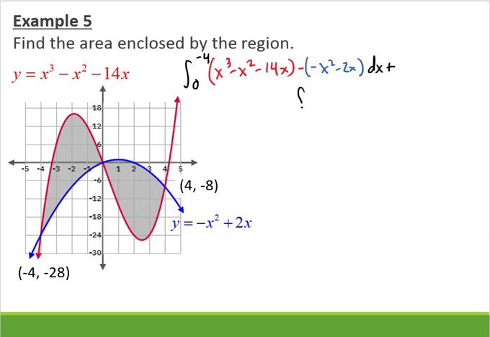My top function has adjusted to negative x squared plus 2x minus the bottom function, or the small y's, which are x cubed minus x squared minus 14x dx. Okay, so notice how this changed. It changed because I had one function on top versus another function on top. Okay, so you had to adjust.